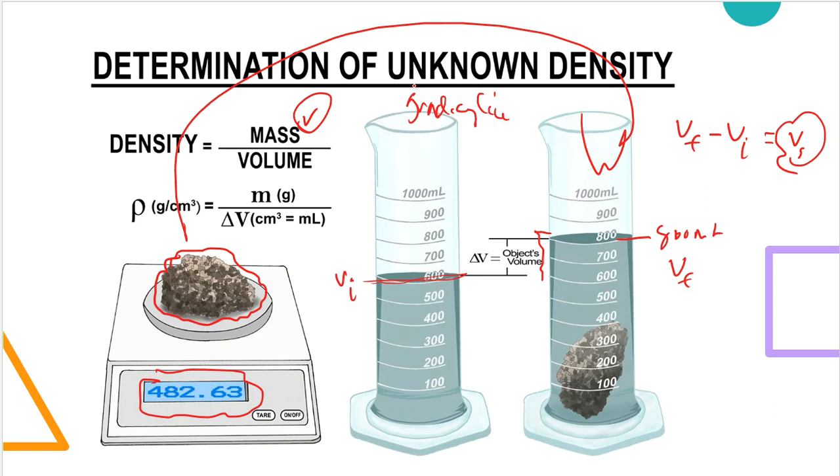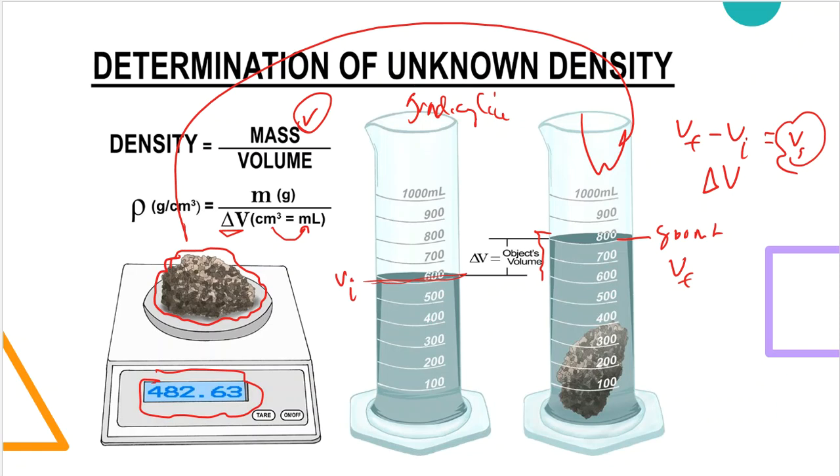Okay, well, I'm going to write a triangle here. So this triangle V is change of volume. This change of volume is actually represented here in this example equation. And this is our displacement. This is called volume displacement. So that change is represented by delta V. And notice it says cubic centimeters equals a milliliter.